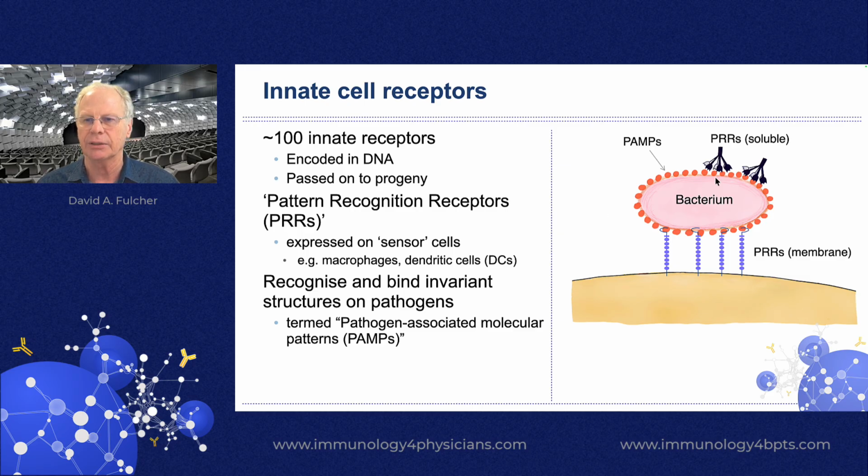You have a pattern on a bacterium, and we call these pathogen-associated molecular patterns, or PAMPs, and that pattern is recognized by pattern recognition receptors, be they soluble, membrane-bound, or intracytoplasmic. Basically, we have receptors in all sites to cover all possibilities for the way that a pathogen may try to invade.